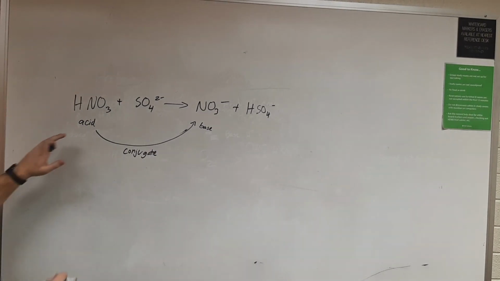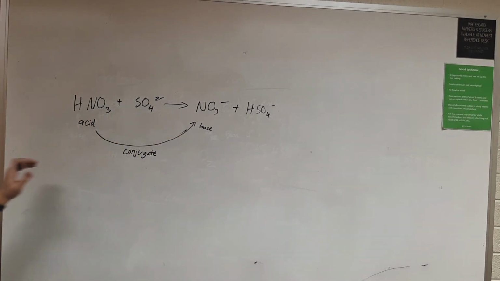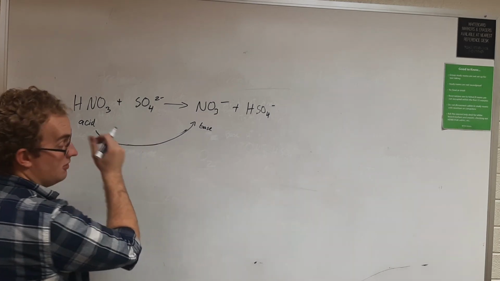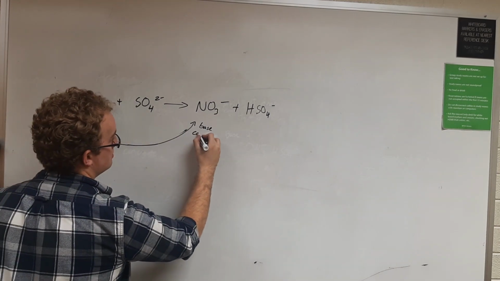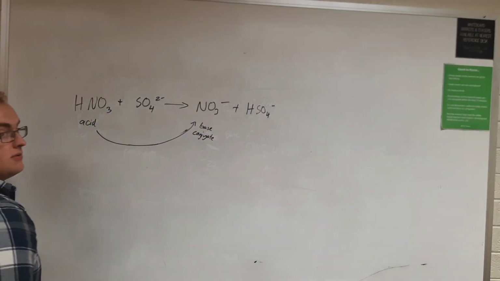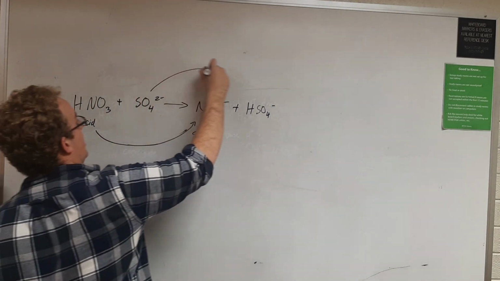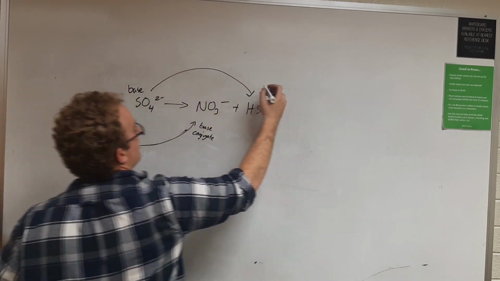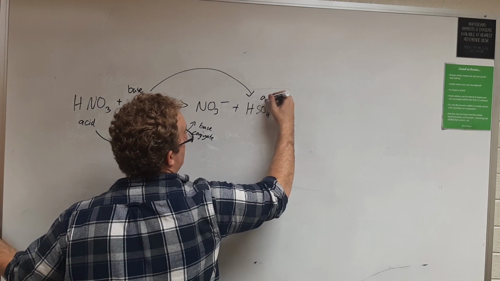So if you're wondering what the conjugate base of this acid is, think, okay, what would it become if I just removed one proton? Same for this. This is a base, right? But now we've added a proton to it. It becomes an acid.